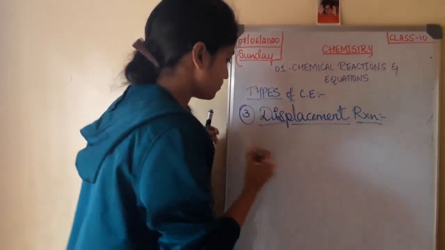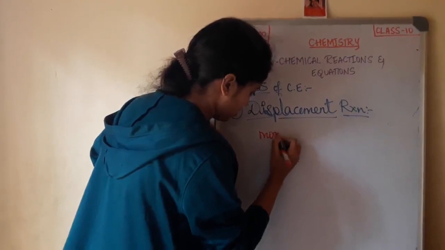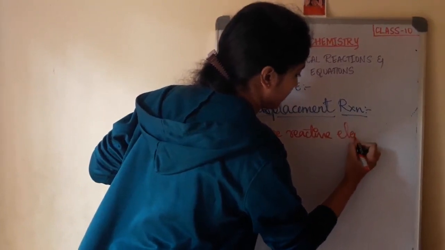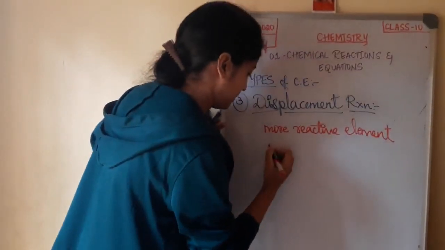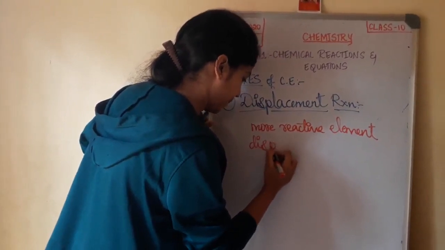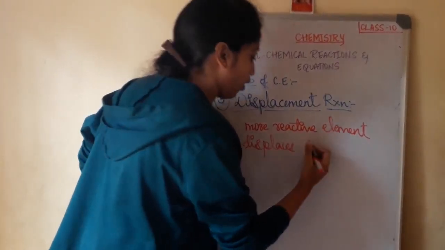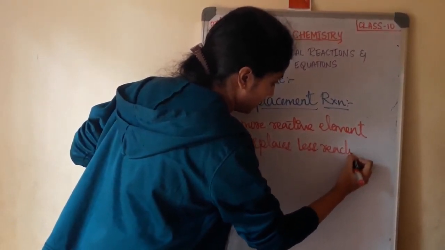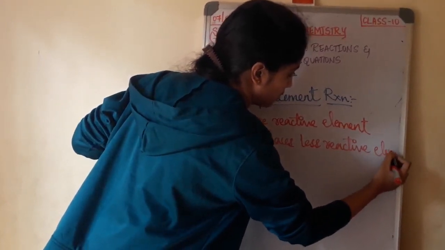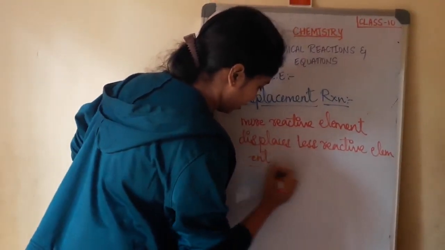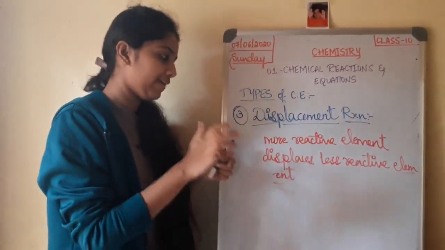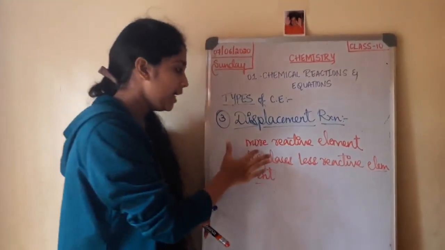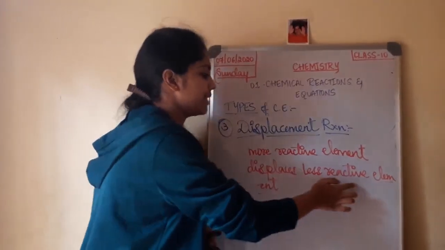When a more reactive element displaces or occupies the space of a less reactive element, this is what we call the displacement reaction, where, mainly on the reactant side, a more reactive element displaces the lesser reactive element.